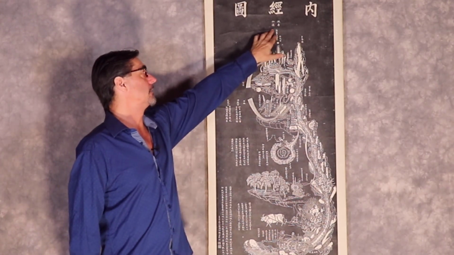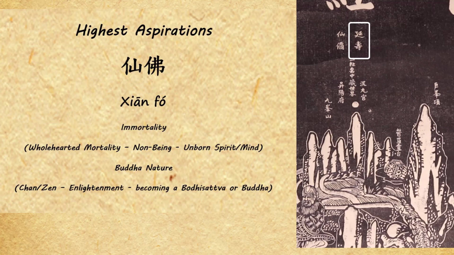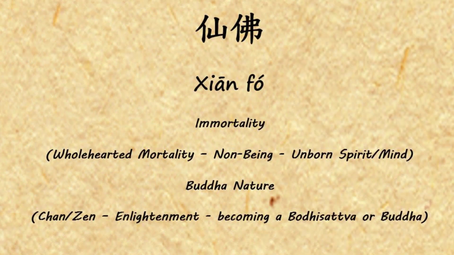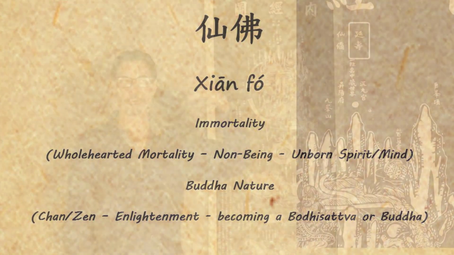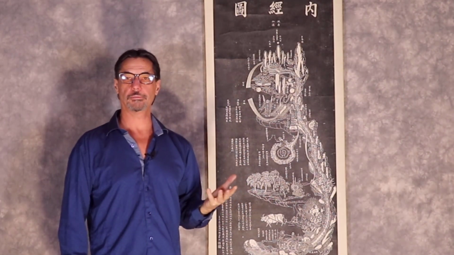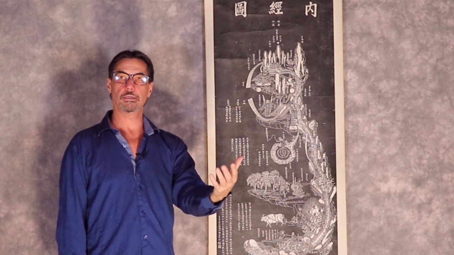The next thing here we call Xian Fo, which Xian is often translated as immortal, and Fo would be the Buddha mind or Buddha nature. So when we think of immortal, obviously that's not meant to be taken literally. It's someone who has cultivated an experience of aliveness, or being alive, or being life, that is beyond a fear of death.